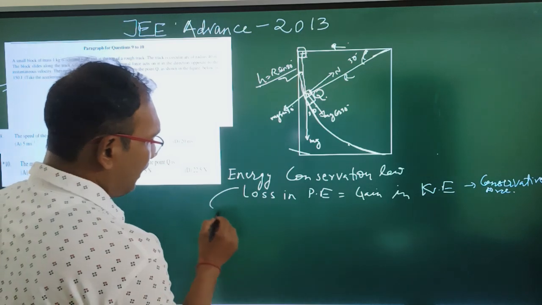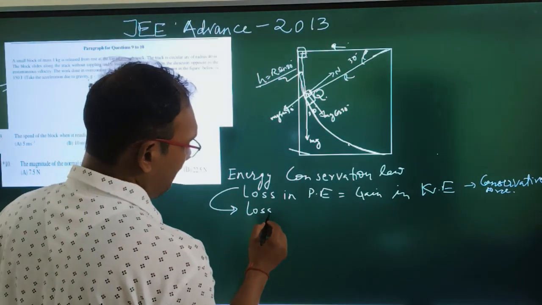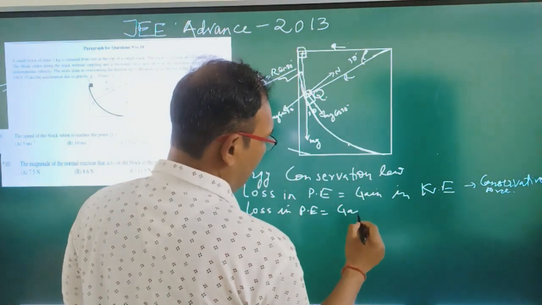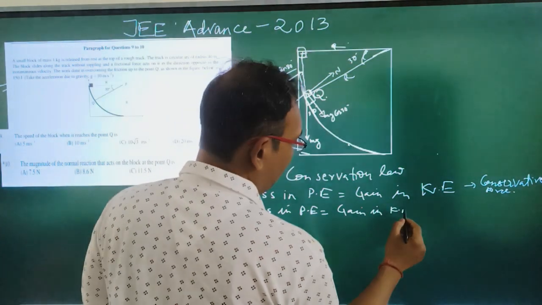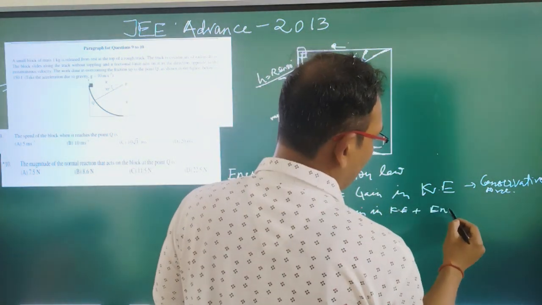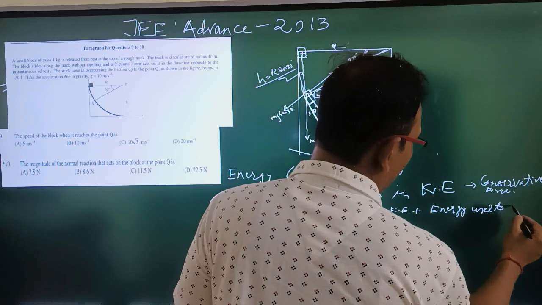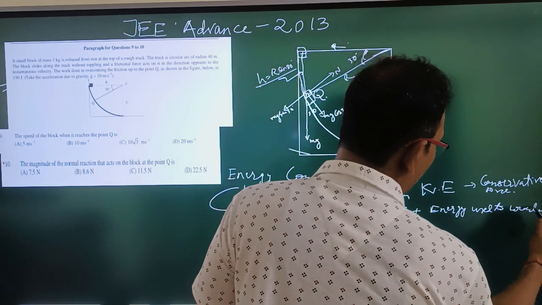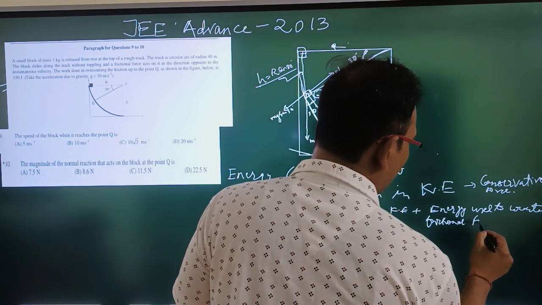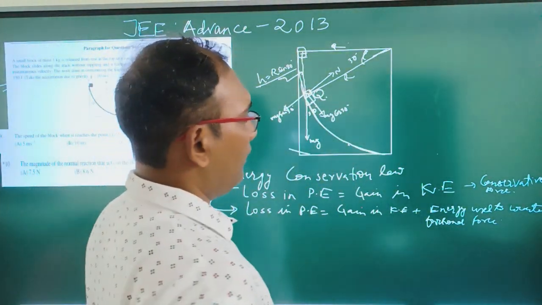So the equation can be rewritten, in the case of a non-conservative frictional force: loss in potential energy is equal to gain in kinetic energy plus energy used to counter frictional force. If we apply this equation, we can get the velocity at point Q.